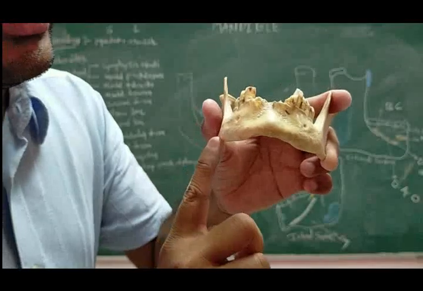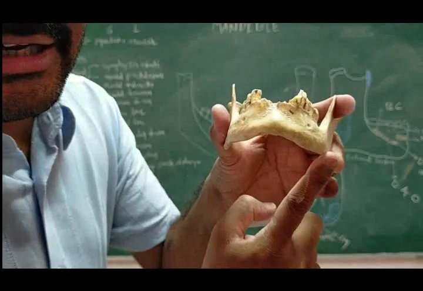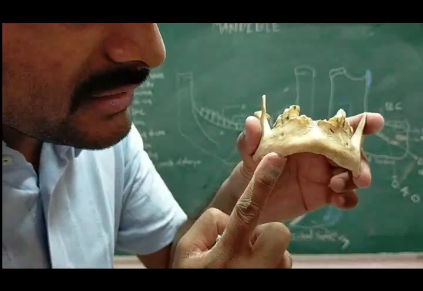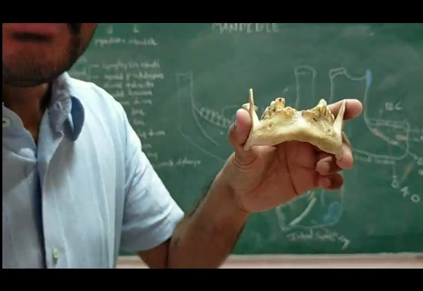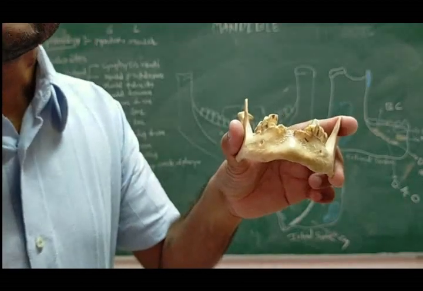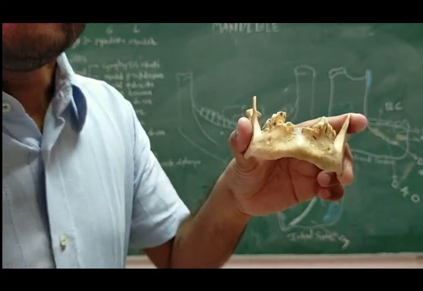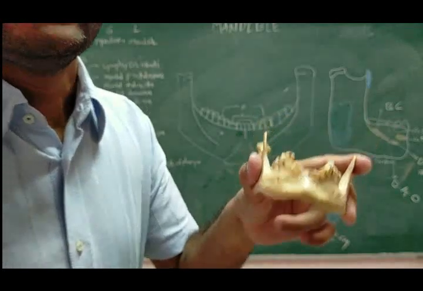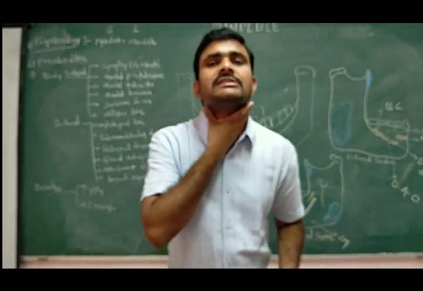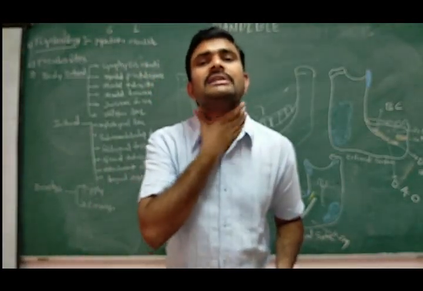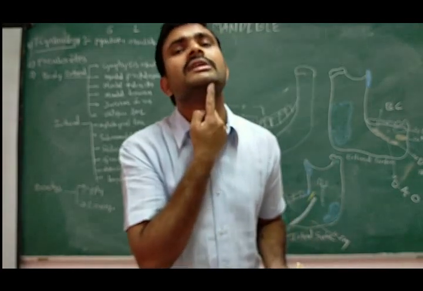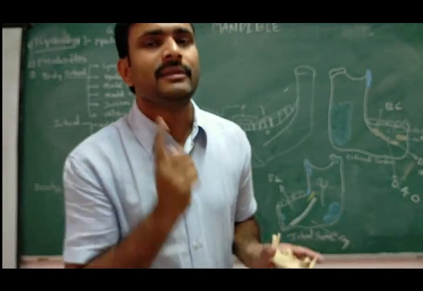The inferior border or the base of the mandible has the entire attachment of one fascia. That fascia is called the investing layer of deep cervical fascia. In the neck region, in this place, we have the investing layer, and it is attached to the base of the mandible.